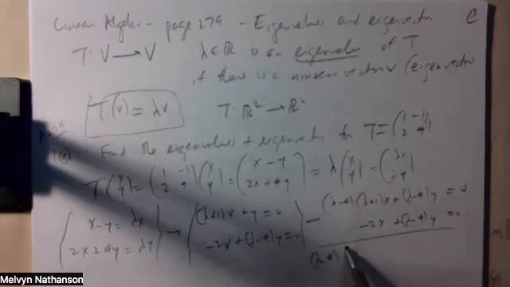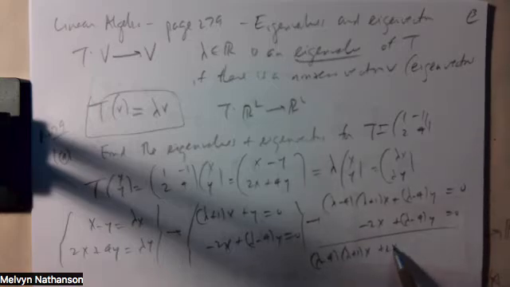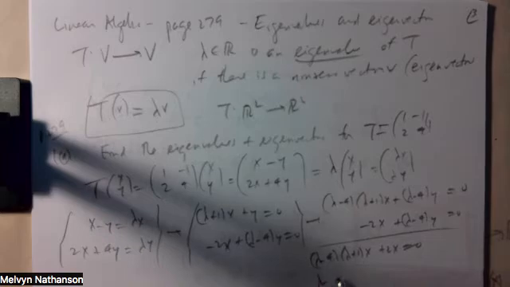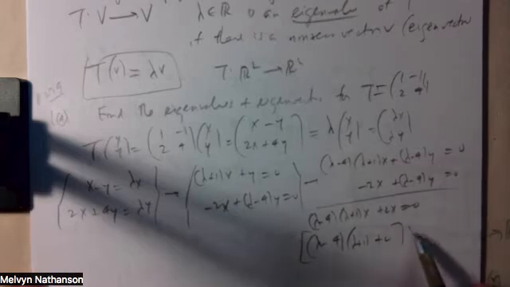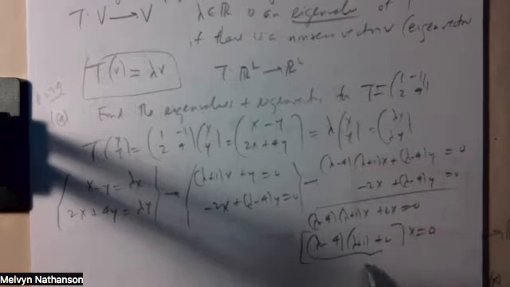If I want a solution where x is different from 0, then the coefficient has to be 0.